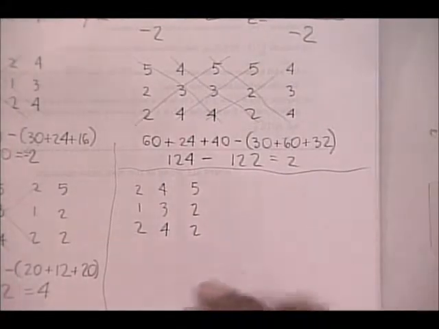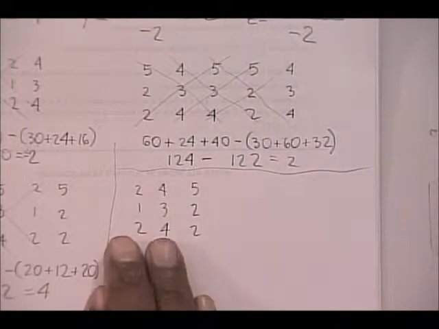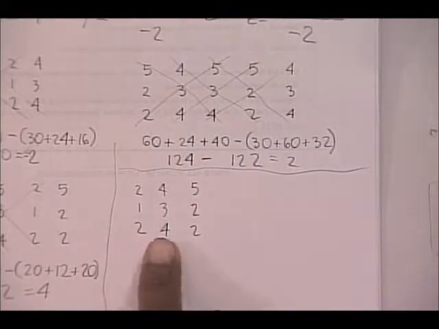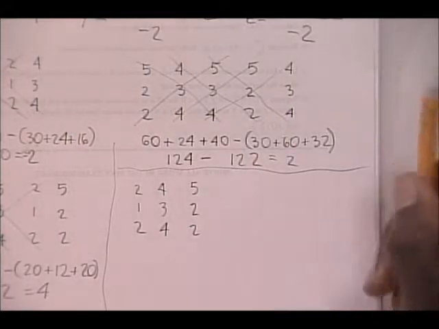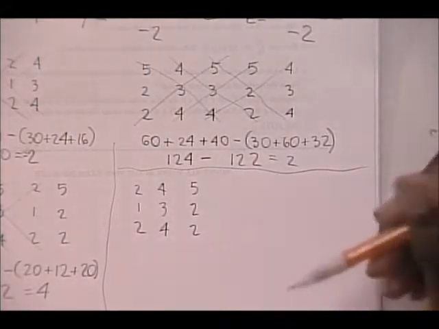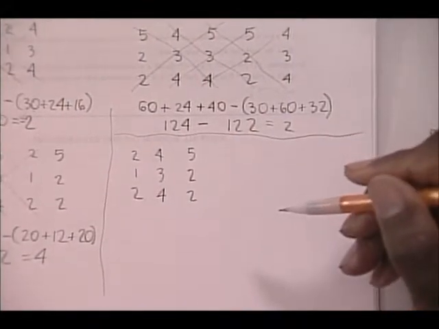Now, we found the determinant by rewriting these two columns over on the right side. I'd like to use mastery level understanding for finding the determinant, in a technique that's not as common.